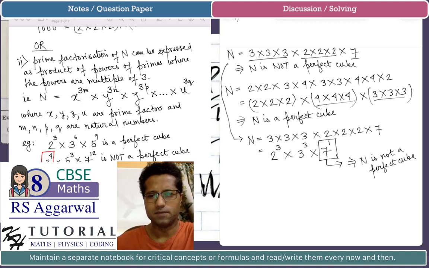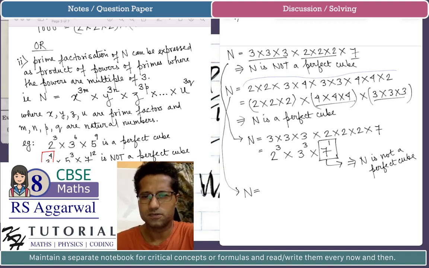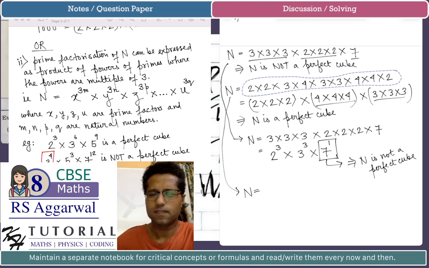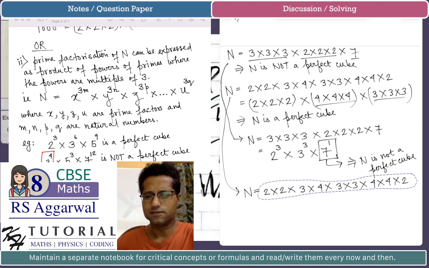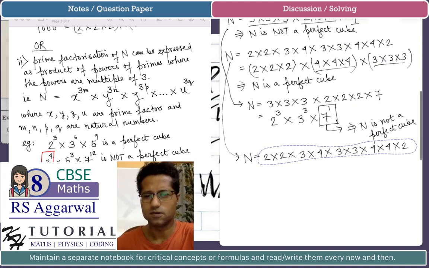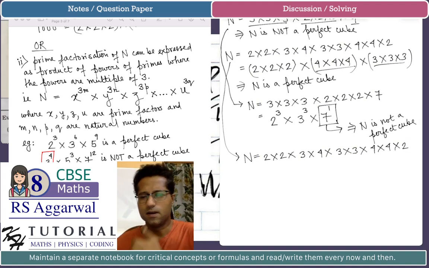For the second example, let me copy paste. So the second example is this, and the prime factorization is this. Now, if I combine all the similar prime factors as powers, what do we have?